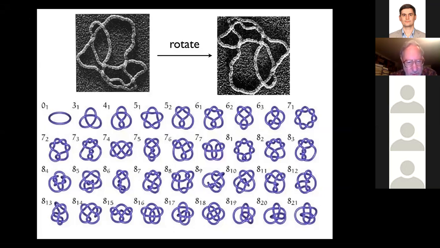Knot tables were begun in the 19th century in relation to the work of Kelvin, Sir William Thomson, who had a theory that knots corresponded to knotted vortices in the luminiferous ether.